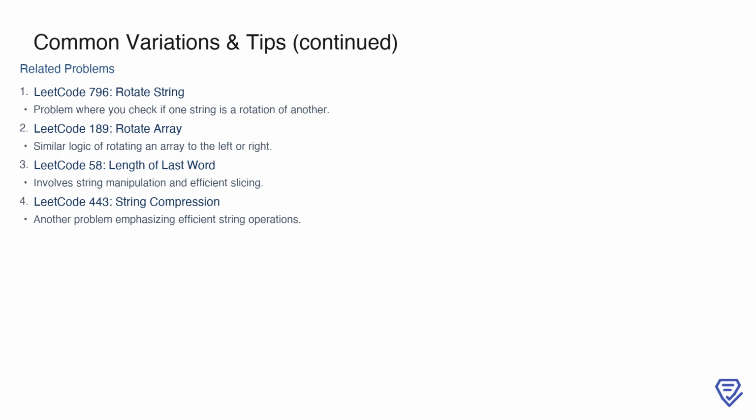LeetCode 58, Length of Last Word, emphasizes efficient slicing techniques, which are also useful for handling shifts. Lastly, LeetCode 443, String Compression, focuses on optimizing string operations, reinforcing the importance of efficient methods when manipulating strings. Familiarity with these problems can provide additional context and strategies for tackling string-related challenges effectively.